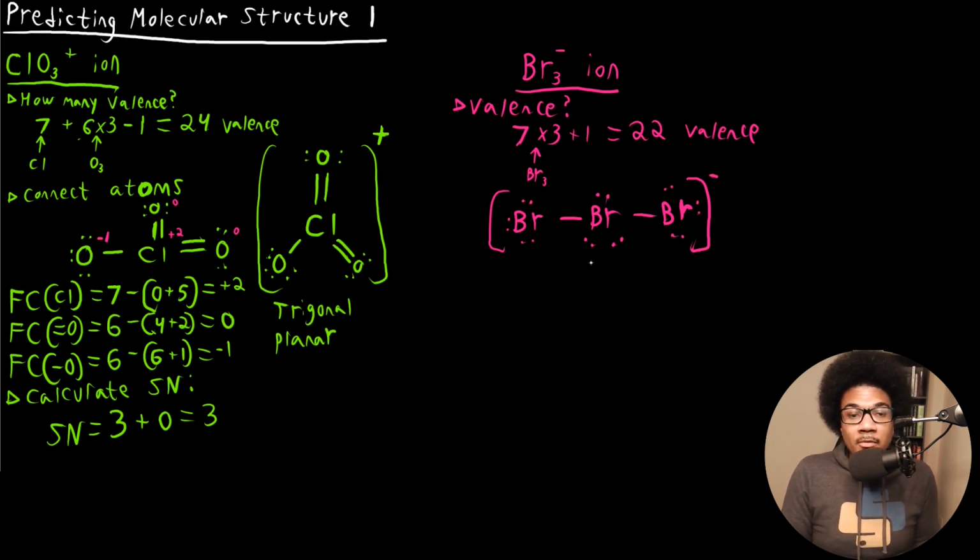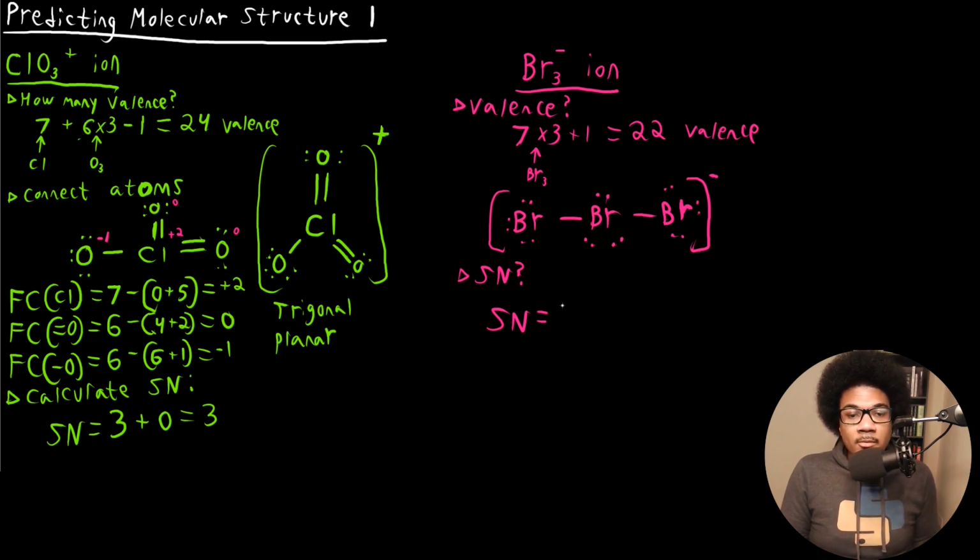Okay, so we have this representation of Br3 minus, and if you weren't counting lone pairs, then you might just think, oh, this is a linear molecule because it's got 2 attachments. Well, that's why we calculate the steric number, right? So we want to calculate the steric number here. For Br3 minus, this central bromine is what we're going to be keying in on.